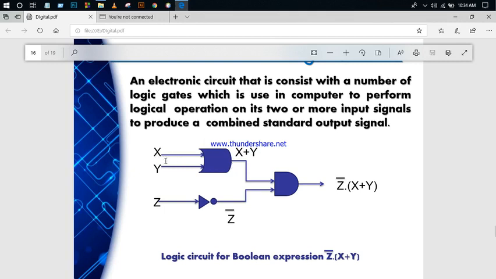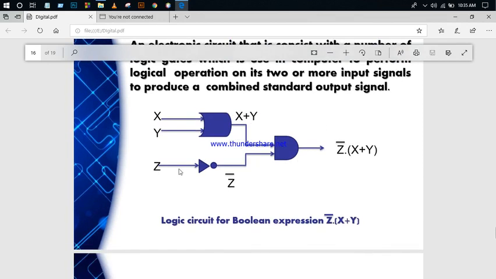Two inputs X and Y, output F equals X plus Y. And Z goes through a NOT operator, which means reverse. Not Z, you can call it Z bar.